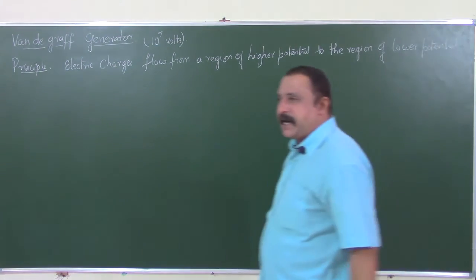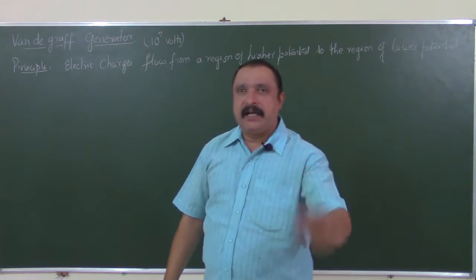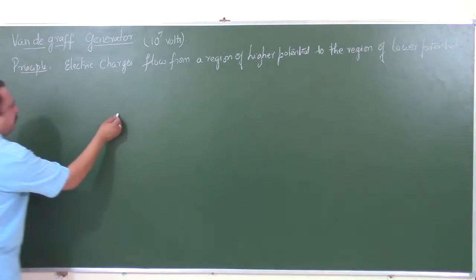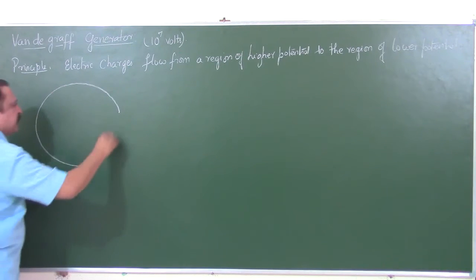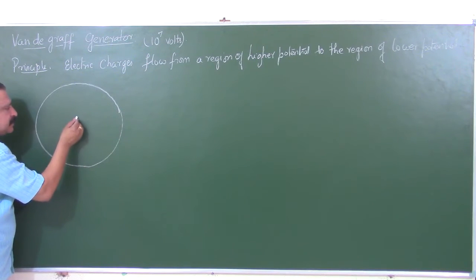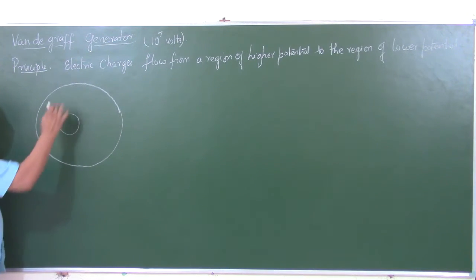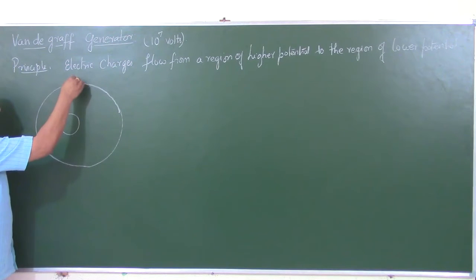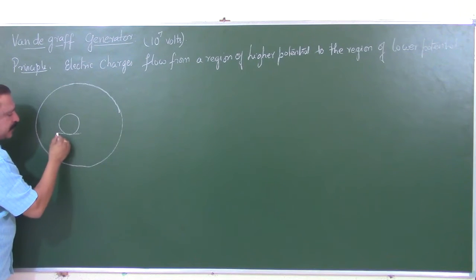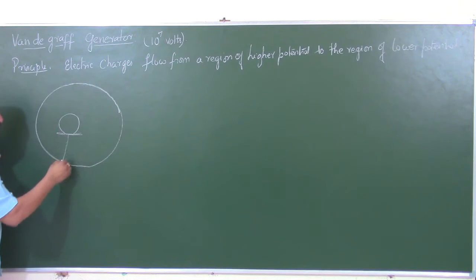Now, this can be explained in a little more detail. Let's have a big conducting shell, and inside let's insert one more conductor through an opening here. It's kept on an insulating stand, some stand like this.